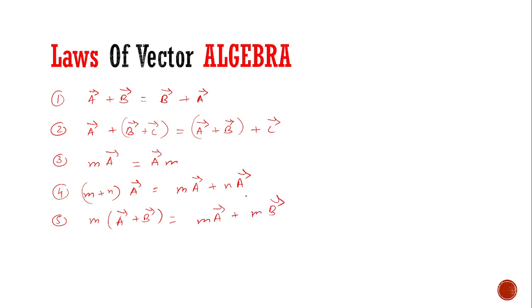These are the laws of vector algebra. We can prove these laws differently later. Right now we just have to remember them. The first law is called the commutative law of addition. The second is called the associative law of addition. The third is the commutative law of multiplication, and these last two are distributive laws.